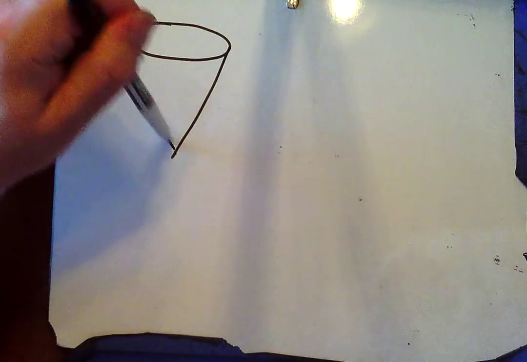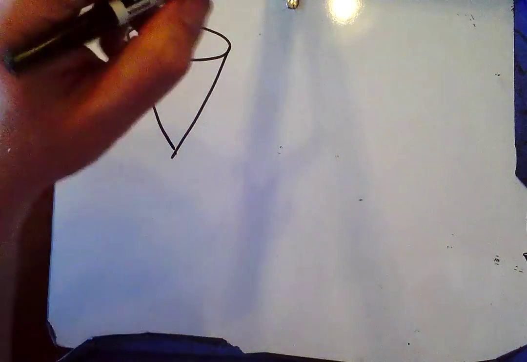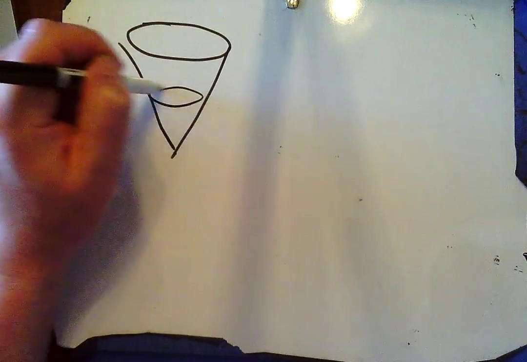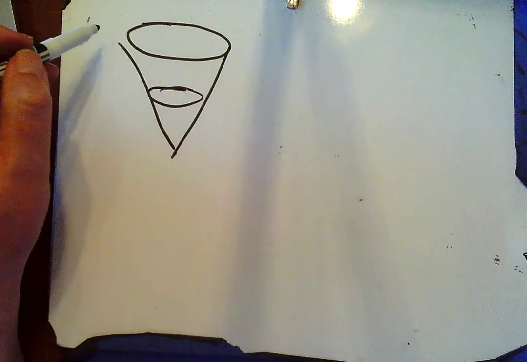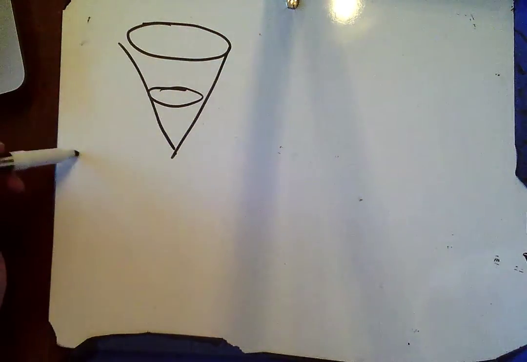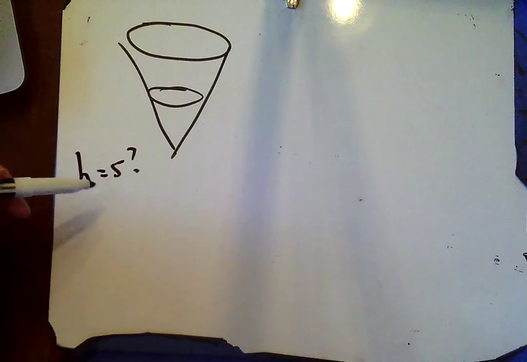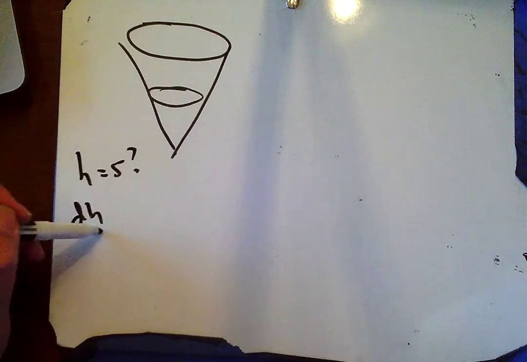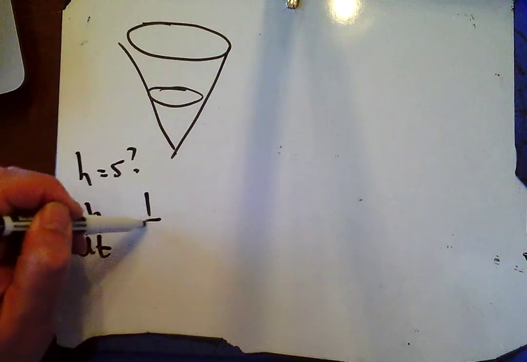Number 8 says the rate at which water is entering a vertex down cone when h equals 5 and dh/dt is 1/4.